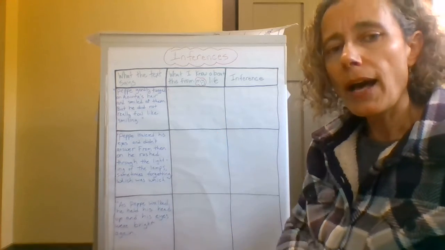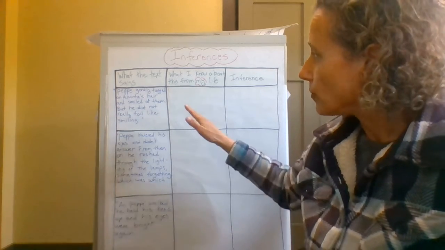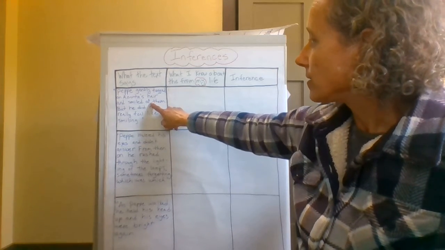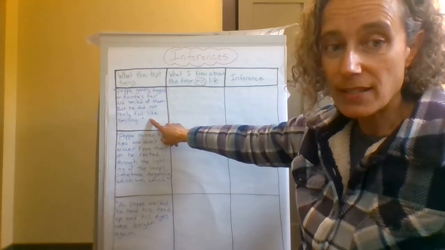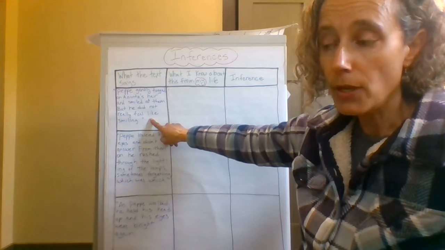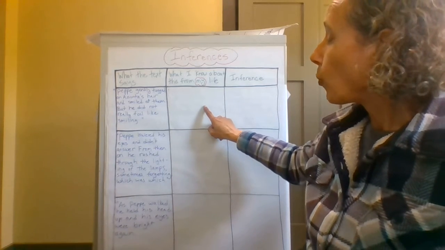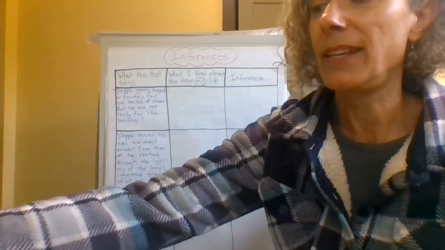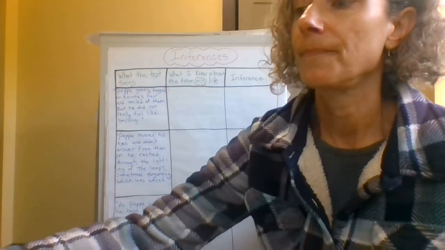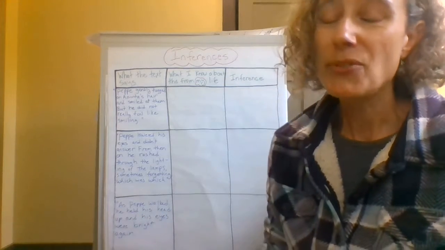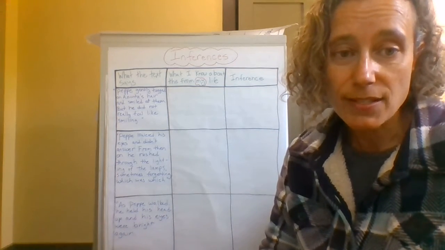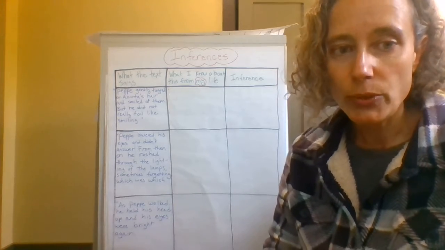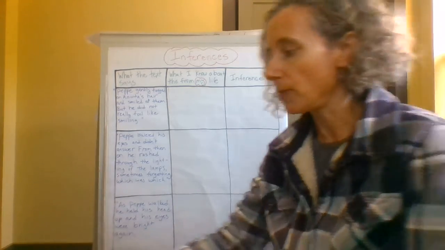When I think about this quote, I know that Pepe smiled, but he didn't really feel like smiling. So when I smile, but I don't really feel like smiling, I'm trying to pretend that everything's okay because I'm smiling, but it's only really pretend. So I'm going to write that.